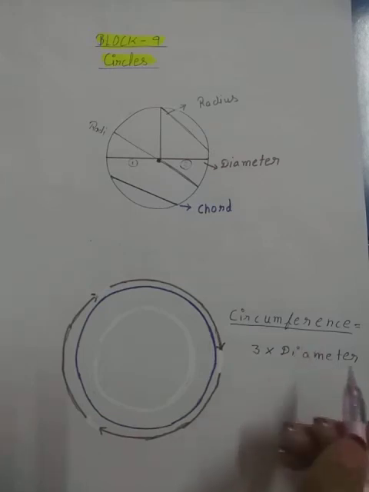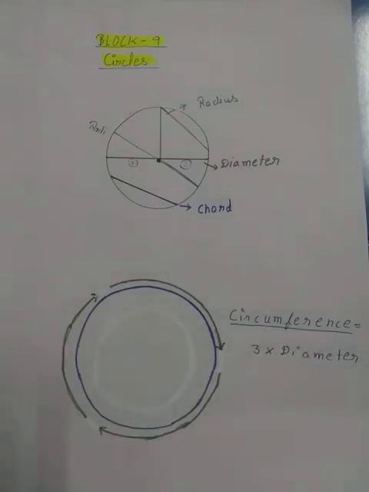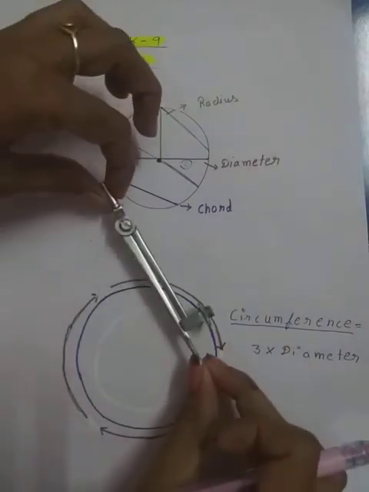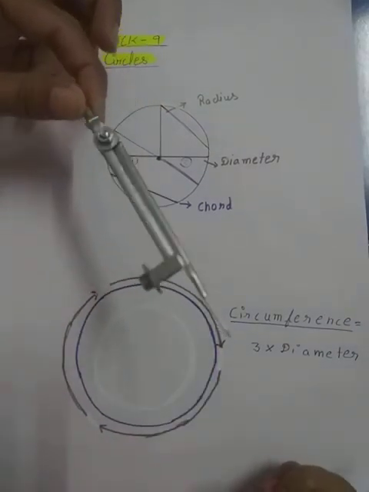Next point in this circle, we have the compass. We always draw a circle with the help of a compass. This one is our compass.